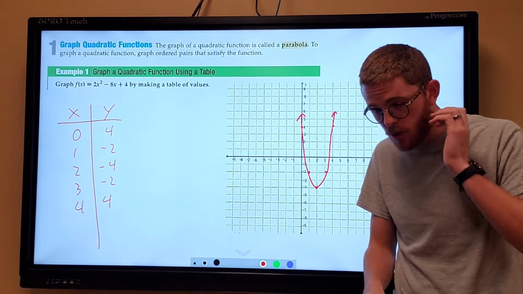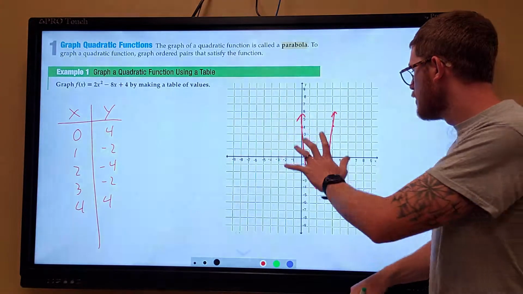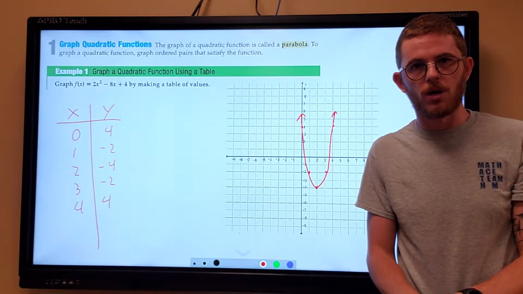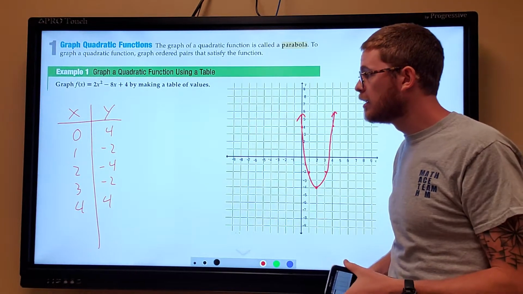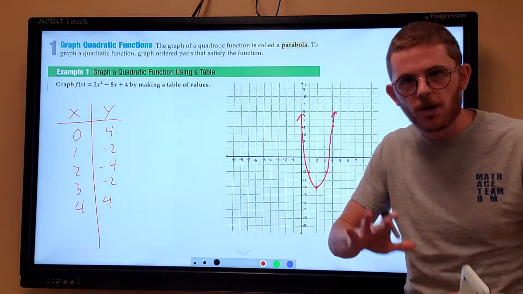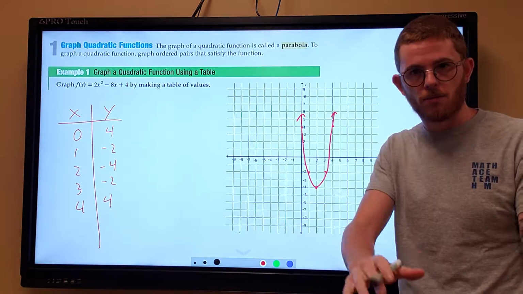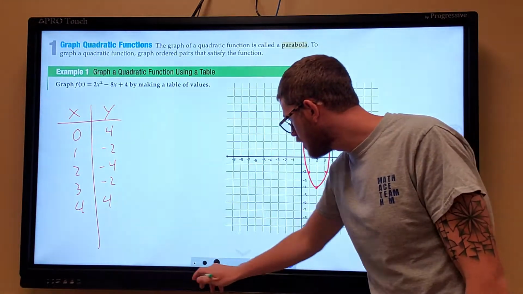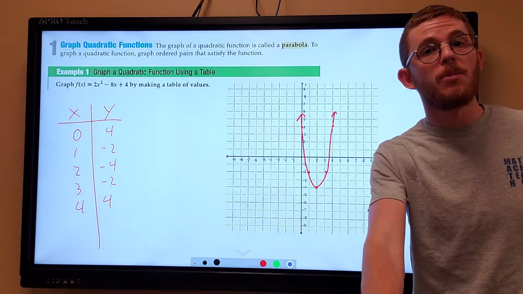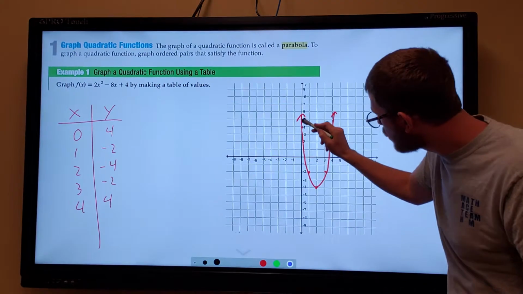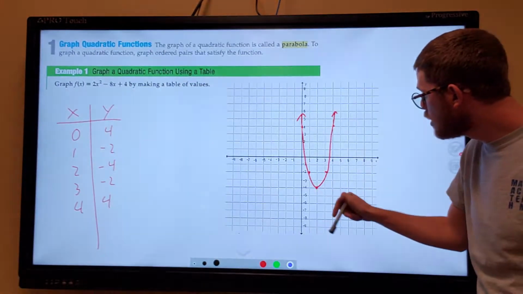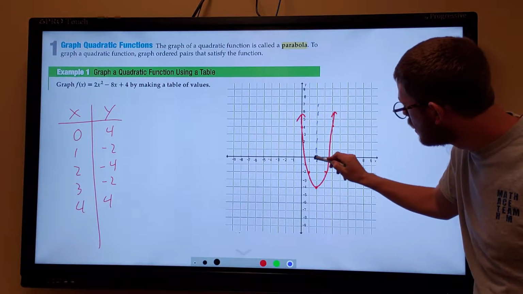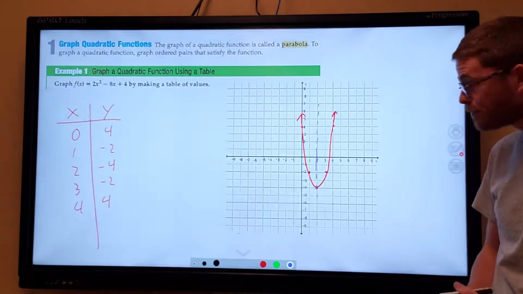Now, there's so much that we can learn by looking at this right here. There's so much going on that the calculator just did. And I want to bring it all together as much as I can right here, right now. So first, parabolas are symmetric. Did you notice that? When I started plotting these points, I started noticing it's coming back up. Then I knew right here is the center of my graph.